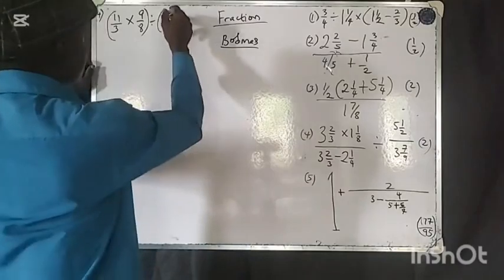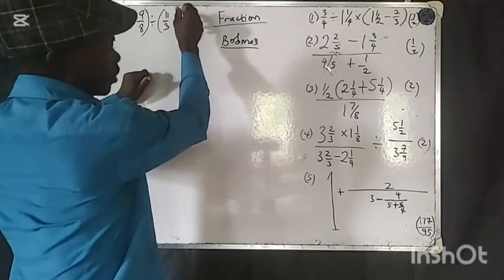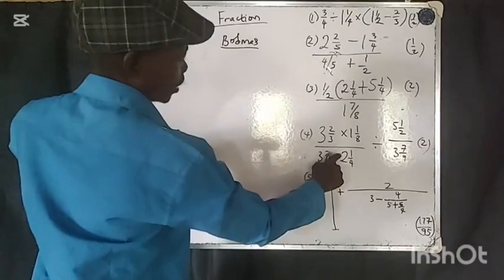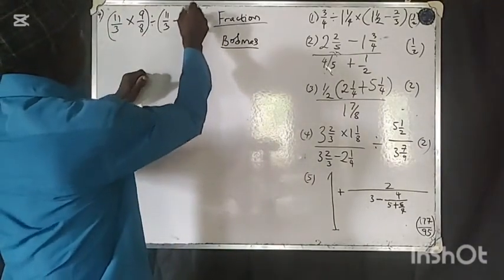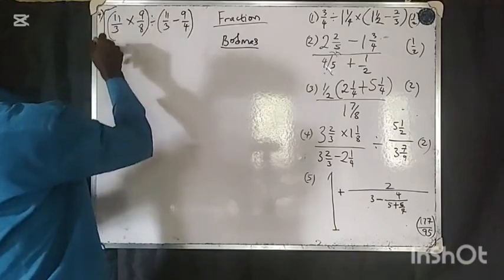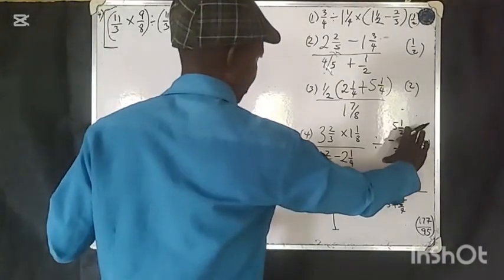So 11 over 3 also. 11 over 3 minus 9. 4 times 2, that's 8. Plus 1, that's 9 over 4. 9 over 4.